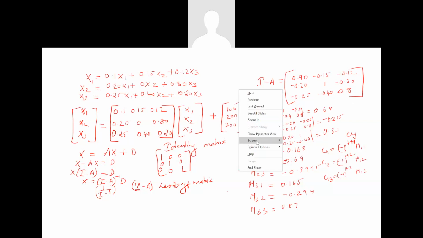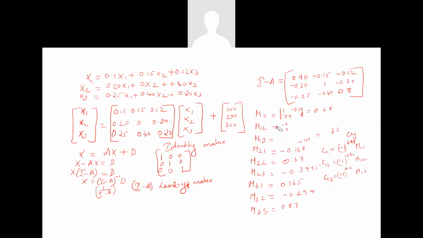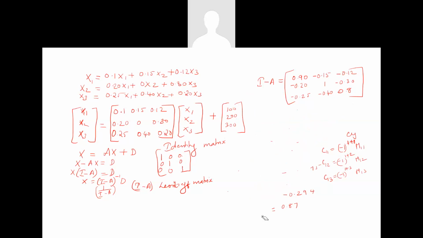Now let us write the cofactor matrix. Just a minute, let me erase this because we don't have sufficient space. Since we have already computed the minors, it is easy to write the signed minor, because the cofactor is nothing but the signed minor.